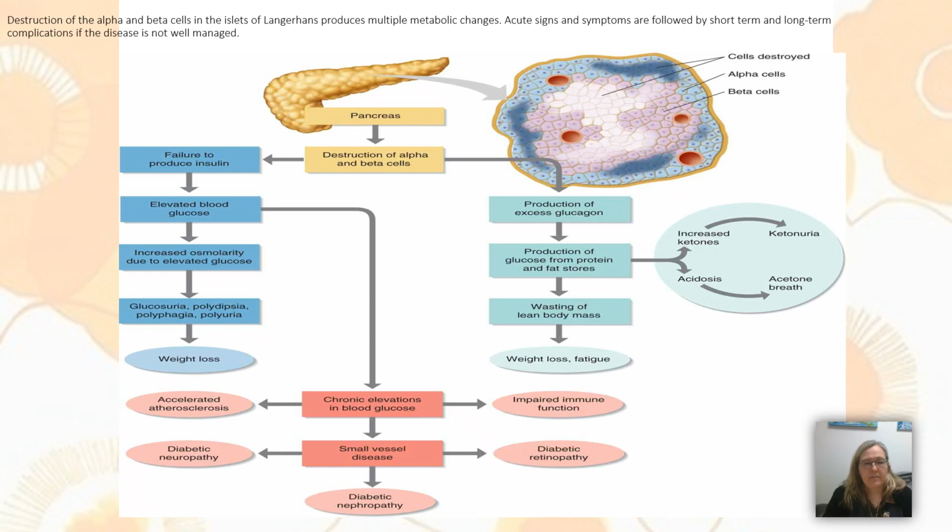The pancreas, when it fails to produce insulin, causes an increase in glucose production, increased osmolarity of the serum, and increased osmolarity of the urine. You have glucosuria, polydipsia, polyphagia, and then you have additional weight loss from that.